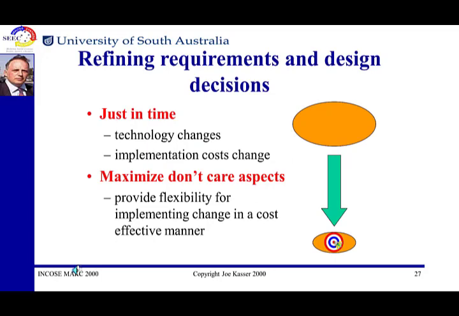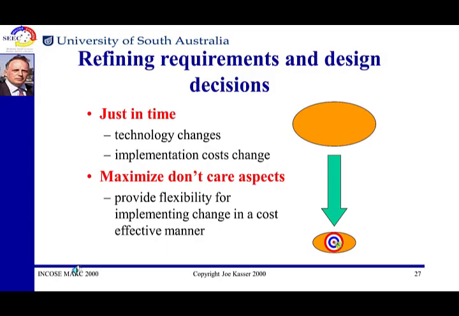What this seems to imply is that as we refine our requirements and make our design decisions, we should defer decisions until the last possible moment using the just-in-time approach. So we can take advantage of technology changes and the lowering of costs as time goes by.